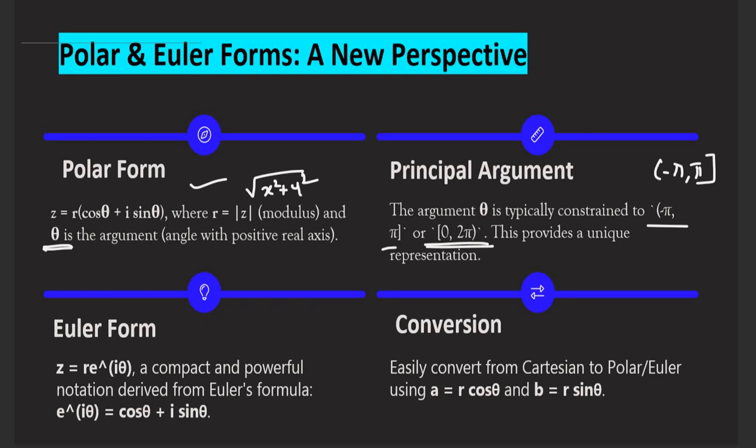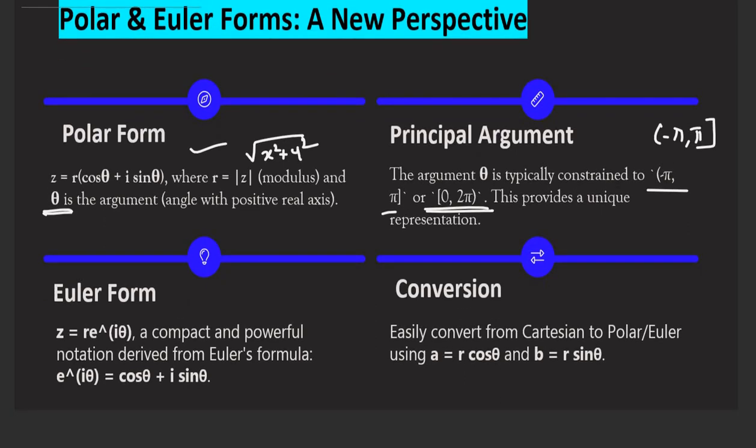This provides a unique representation. r into e power i theta is the Euler form of a complex number, and Euler's formula is given by e power i theta is equal to cos theta plus i sin theta. We have learned how to convert from Cartesian to polar form or the Euler form.